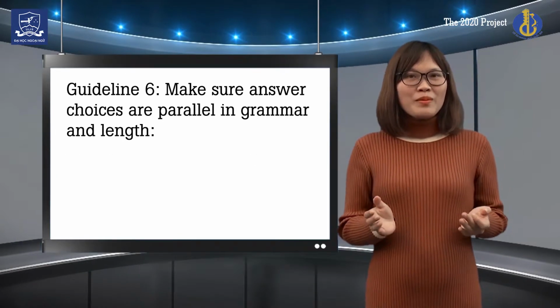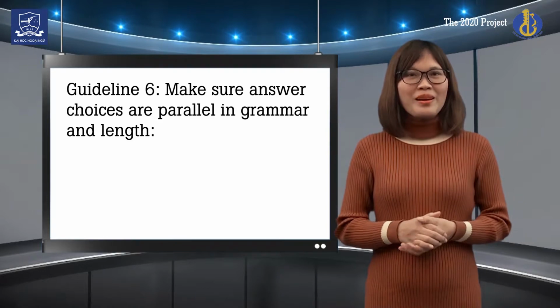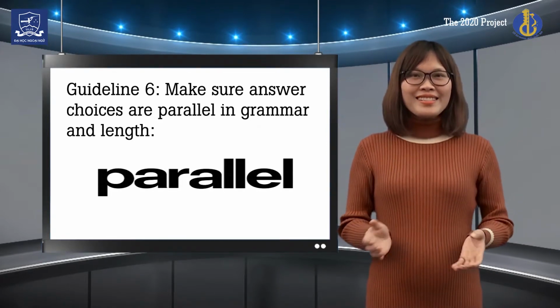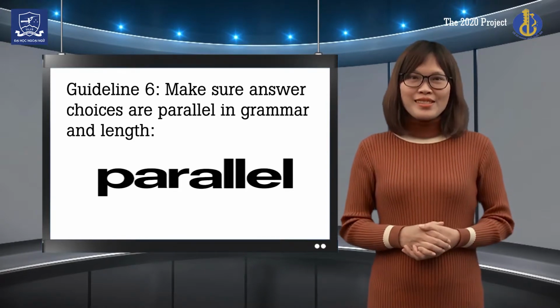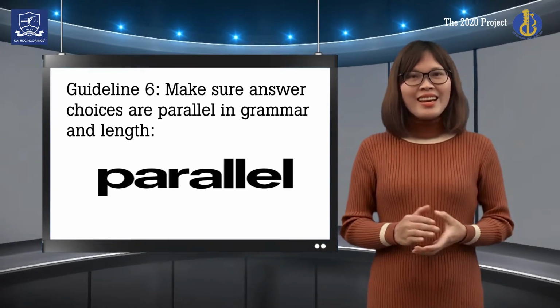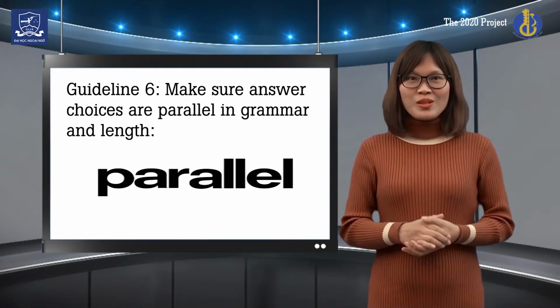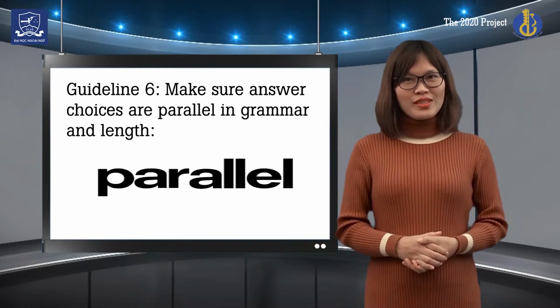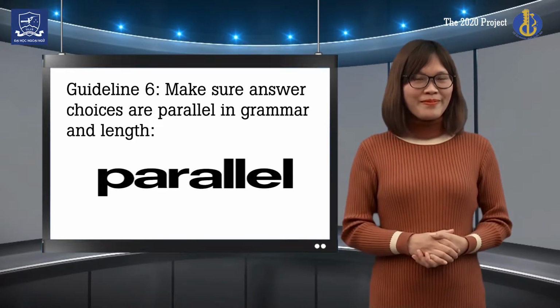Guideline 6. Make sure answer choices are parallel in grammar and length. Answer choices should begin in the same way and should be about the same length. If the correct response is a one word noun, then the rest of the answer choices should be one word nouns.